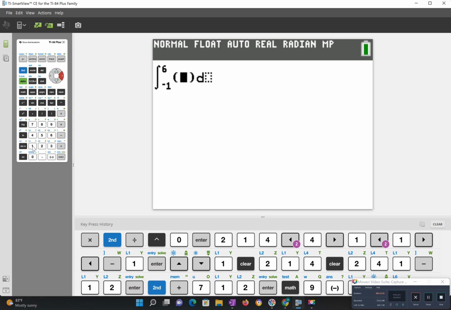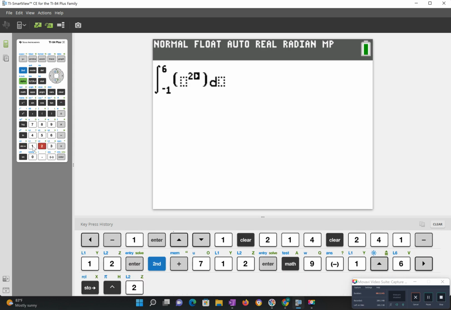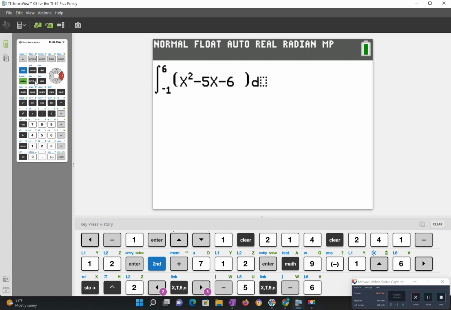This value here is now x squared minus 5x minus 6, and of course dx. It's approximately negative 57.16 repeating.